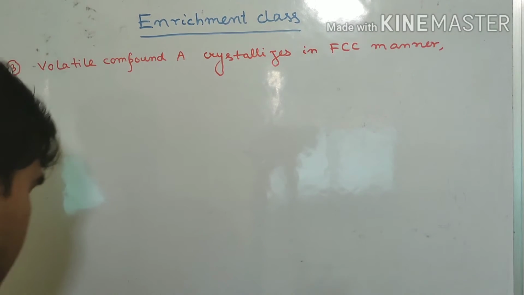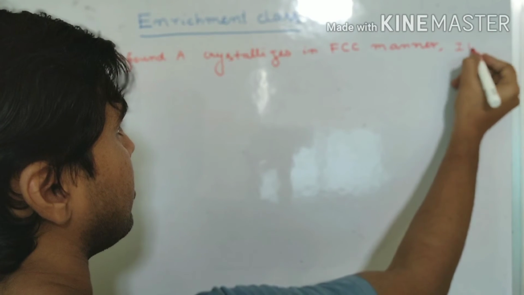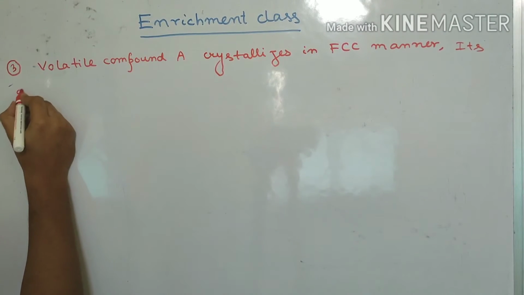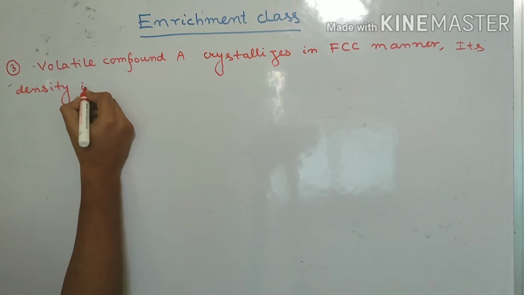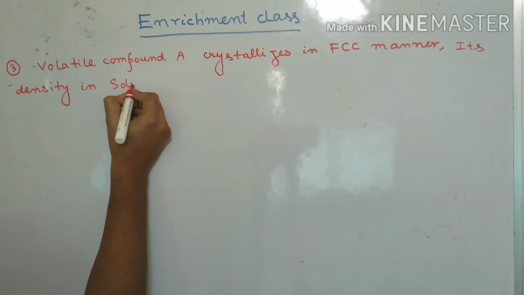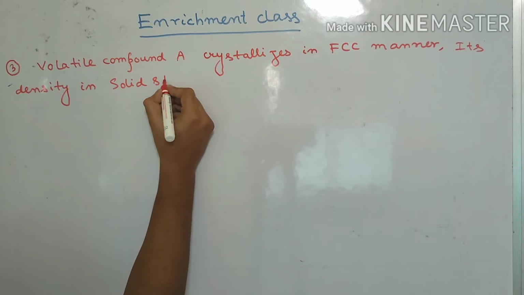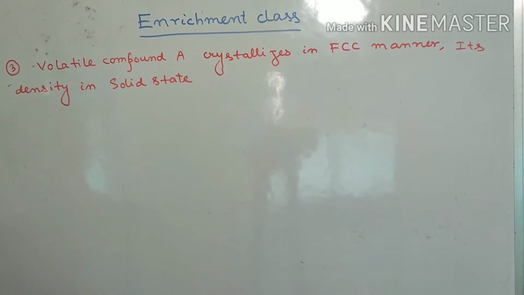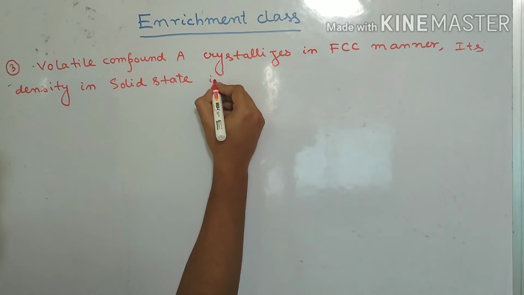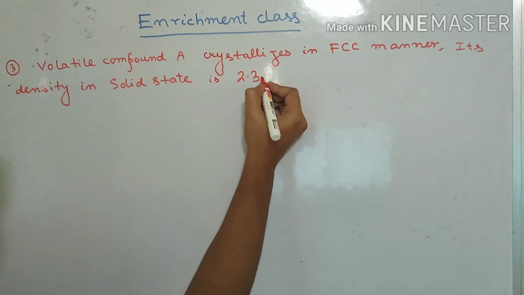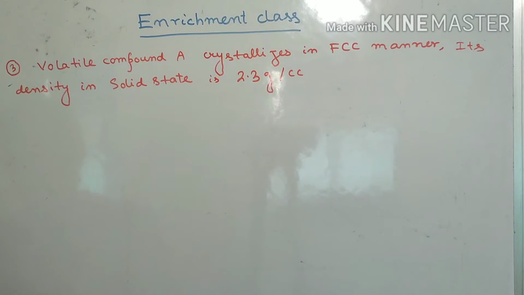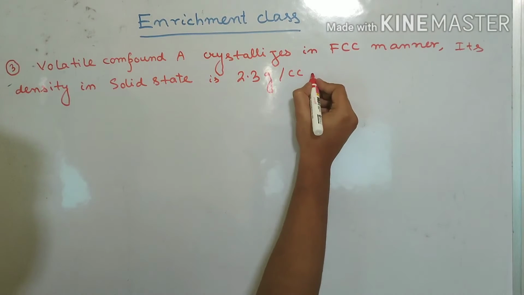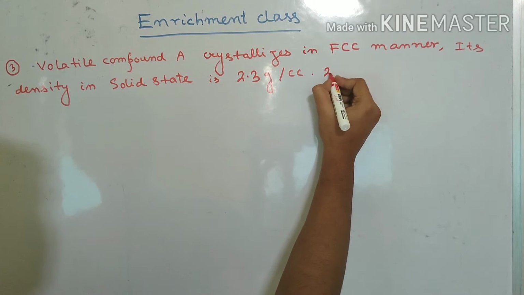Its density in solid state is 2.3 gram per cc.